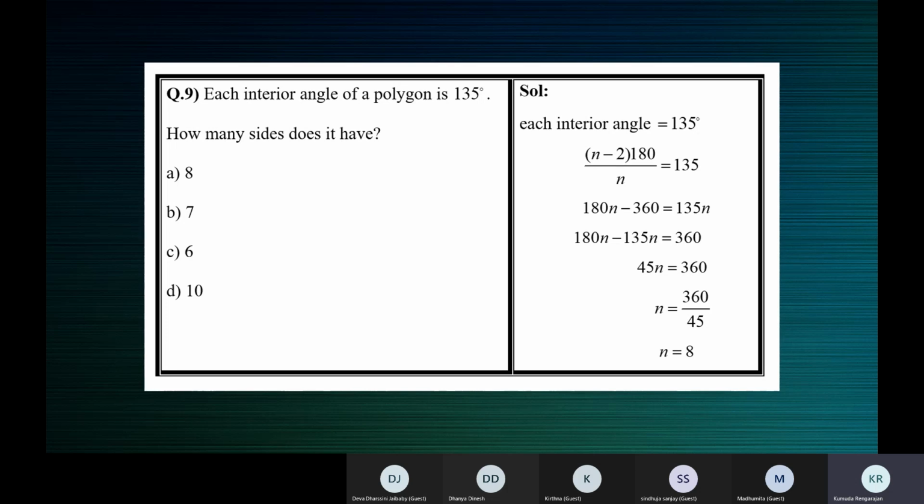Now what do you do with 360 by n and 45? 360 by n is equal to 45 degrees, ma'am. Yeah, 360 by n is equal to 45. So when you work that, you will get the same thing: n is equal to 360 by 45, n is 8. It's a regular octagon.